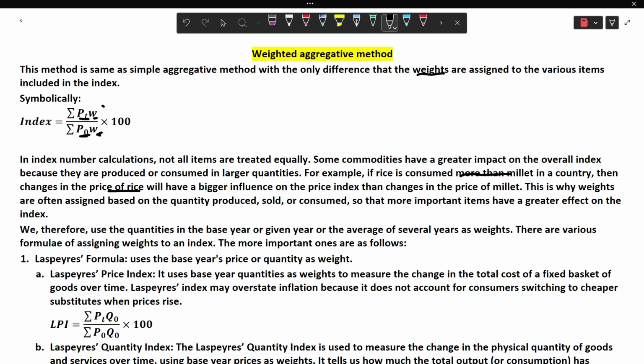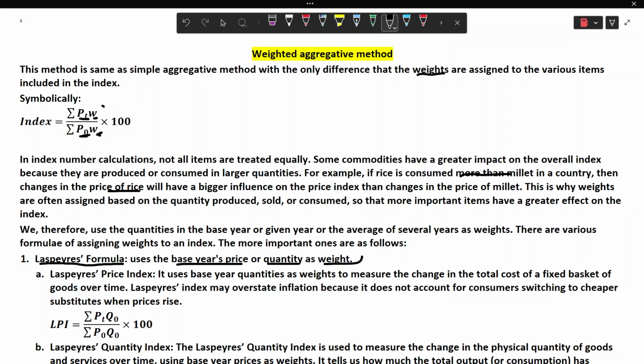There are various formulas of assigning weight to an index. The more important ones are as follows. The first one we are going to look at is the Laspeyres formula. And the Laspeyres formula uses the base year's price or the base year quantity as weight.